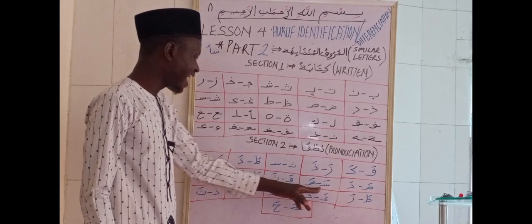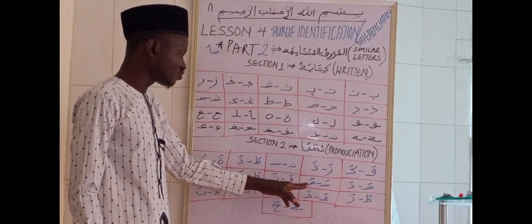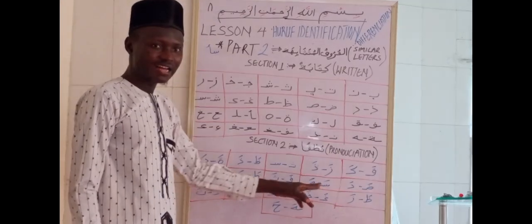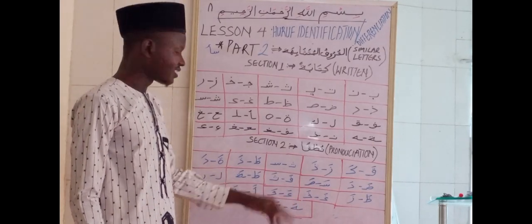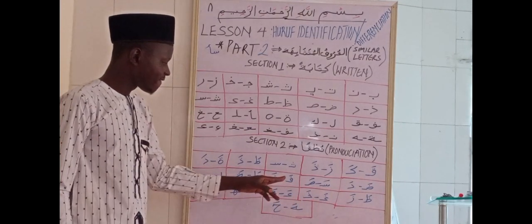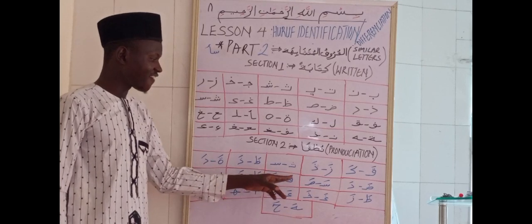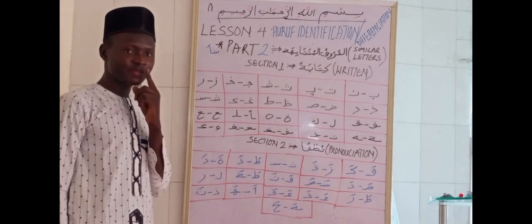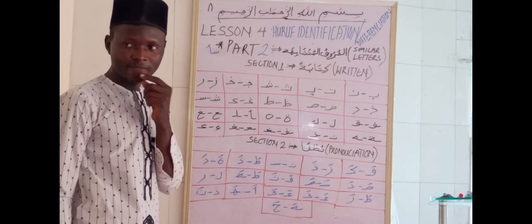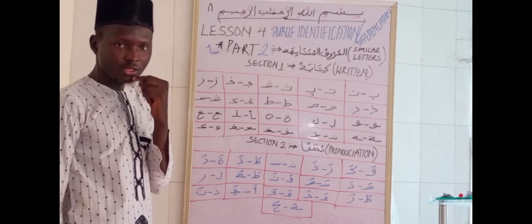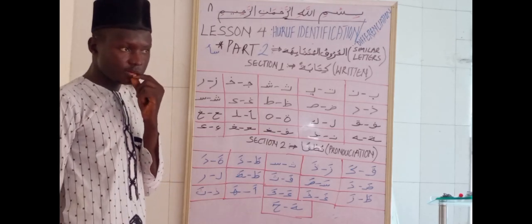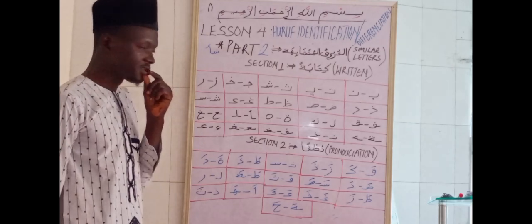So Sin, Sad, as if you want to whisper. Fa, the teeth and the inner parts of the lower lips. That's the lips here.